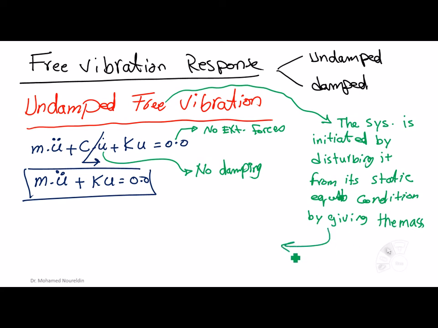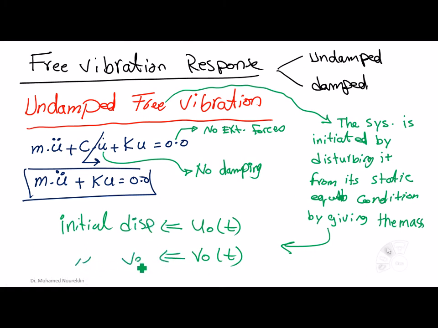So we're going to give the mass u naught and v naught. This is the initial displacement, and this is the initial velocity. So that's the meaning of what we are studying.